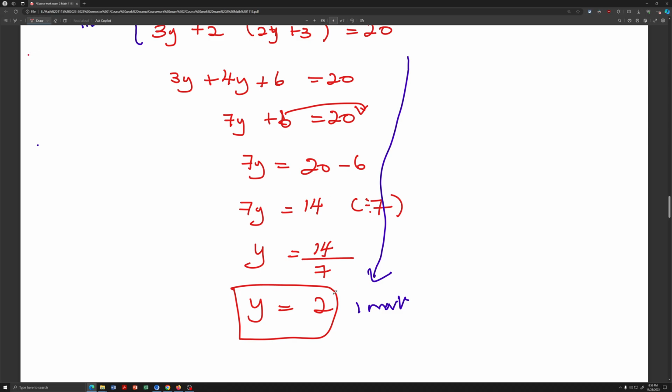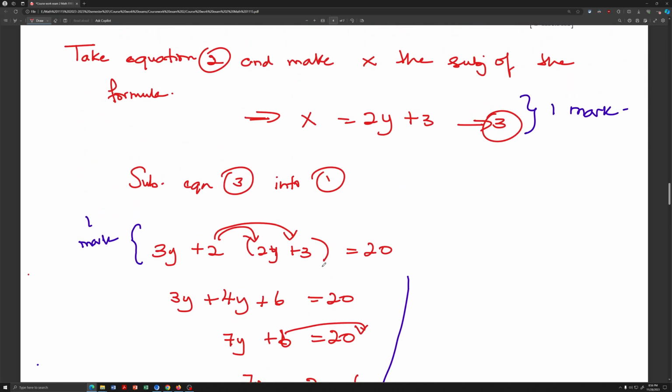Now I need to solve for x. So take my new y, and we're going to substitute this new y back into equation number 3. So you can say substitute y is equal to 2 into 3. When I do that, I'm going to get x is equal to 2 into y is now 2 plus 3.